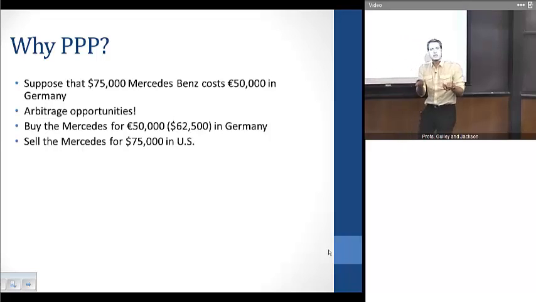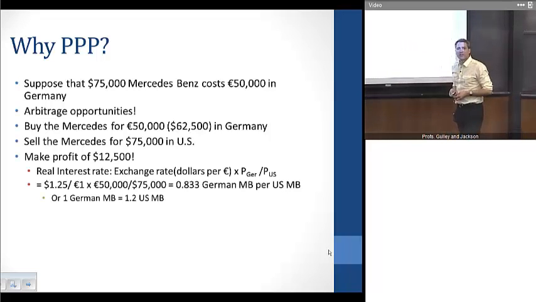And then assuming that we can costlessly import this vehicle into the U.S., we can sell it, remember, for $75,000. That's the going rate for Mercedes in the U.S. So what did we do? We bought the Mercedes for the equivalent of $62,500 in dollars, and we sold it for $75,000. So you make a profit of $12,500 for doing not much, right?